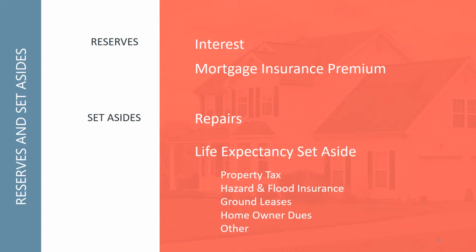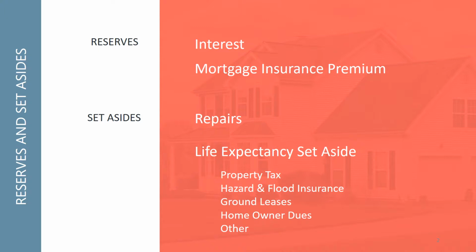Set-asides, however, are money taken out of the gross loan that's already been calculated, out of which the reserve has been eliminated. Set-asides are for specific purposes. A repair set-aside is established to hold back an amount to pay for repairs identified during the appraisal process. It's short-term in nature. Anything unused is returned to you.